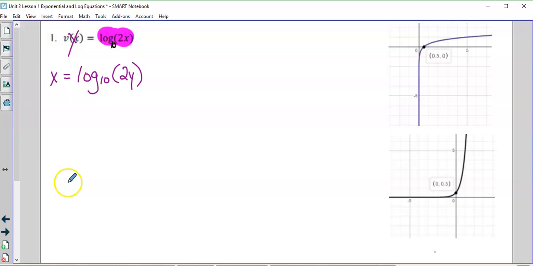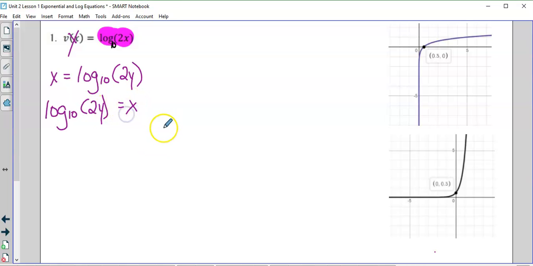I need to get the 2y by itself, but I'm ready now to rewrite this as an exponential, because if I don't have anything else outside what I highlighted, then I can go ahead and rewrite it. But I like for this part to be on the left, so I'm just going to switch everything around.